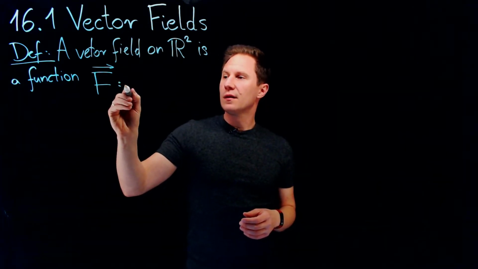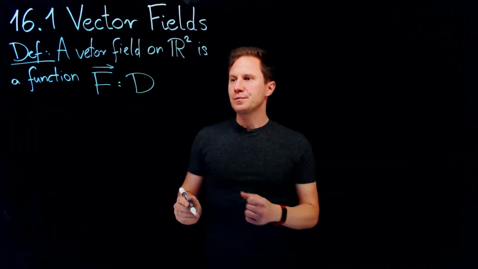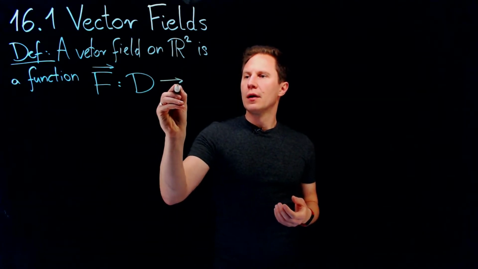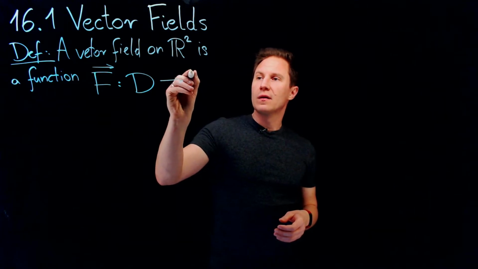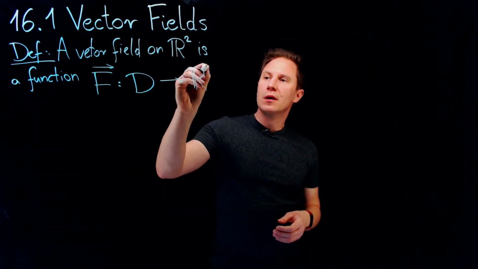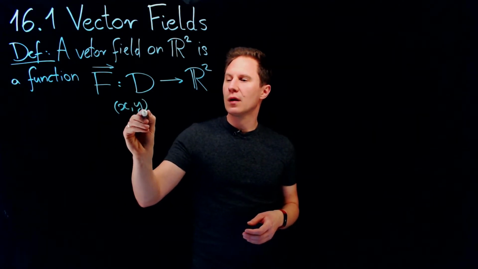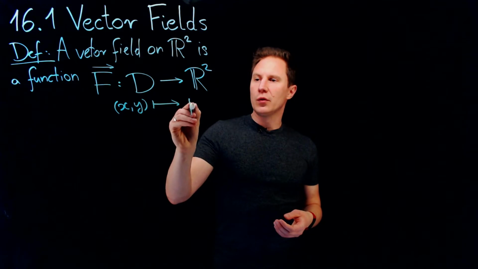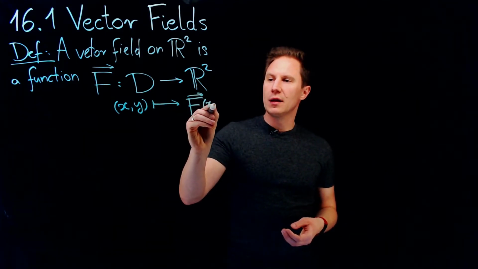So what it does, it takes points from a region of the two-dimensional plane R2, and it assigns 2D vectors to each point. So you take an input point with coordinates x and y, and the output will be a 2-component vector F of x and y.